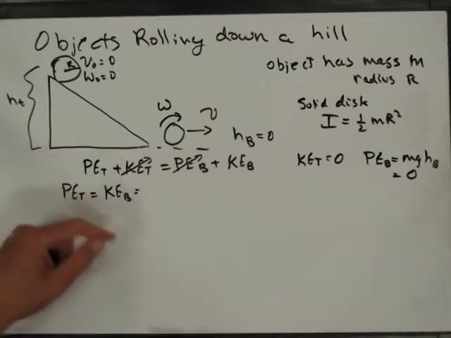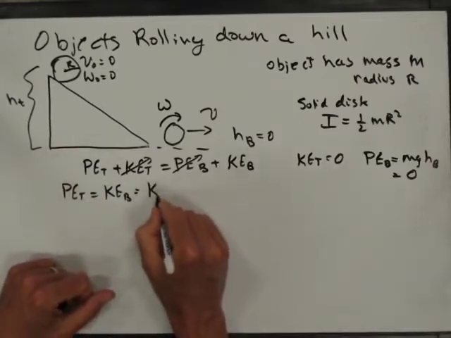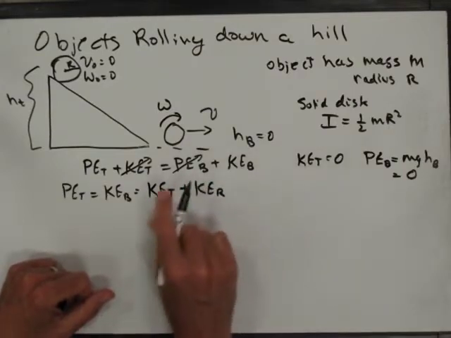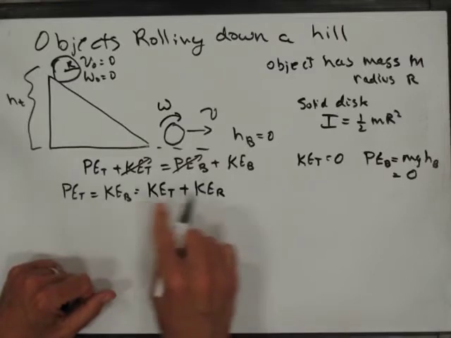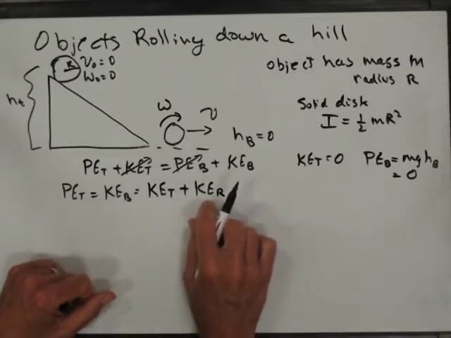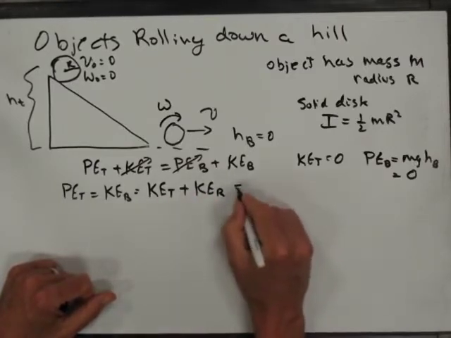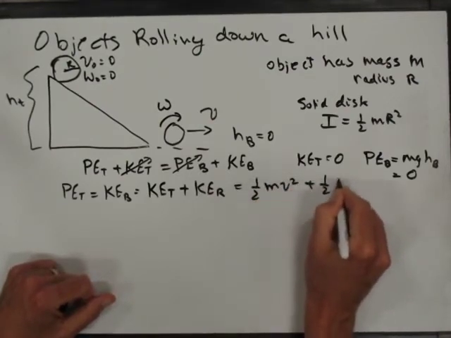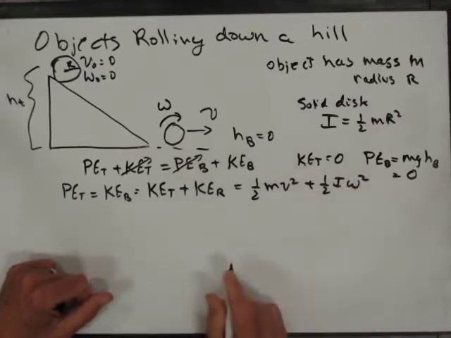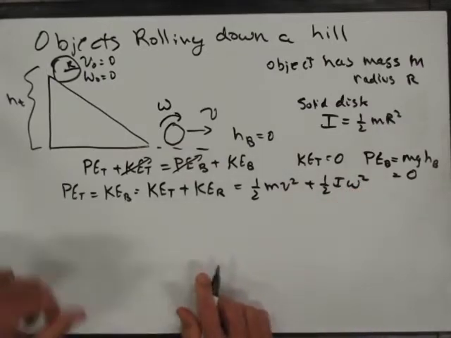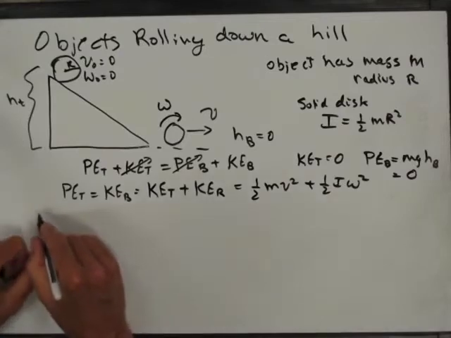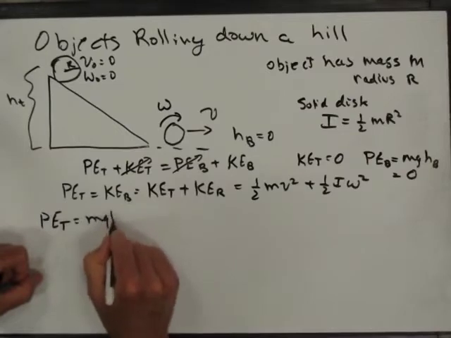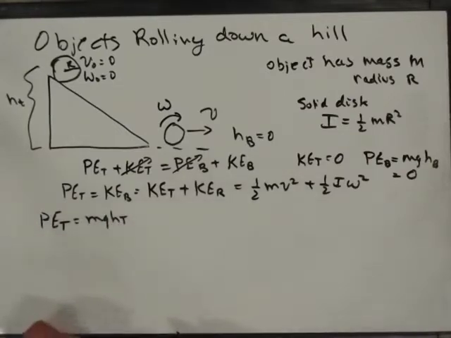What's different this time is that now we have kinetic energy for translation plus kinetic energy for rotation, because not only is it sliding like it was on the last slide, but it's also rolling. And so this is 1/2 mv squared plus 1/2 I omega squared. The left-hand side, the potential energy at the top, is just mg h top.